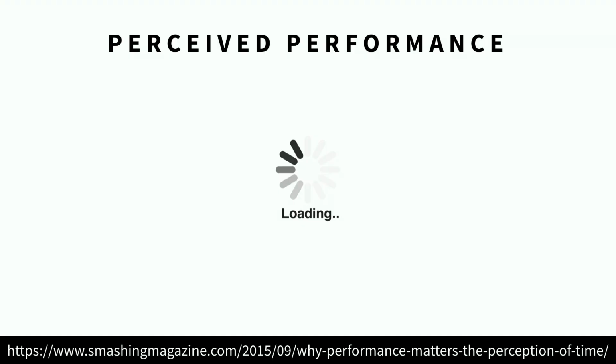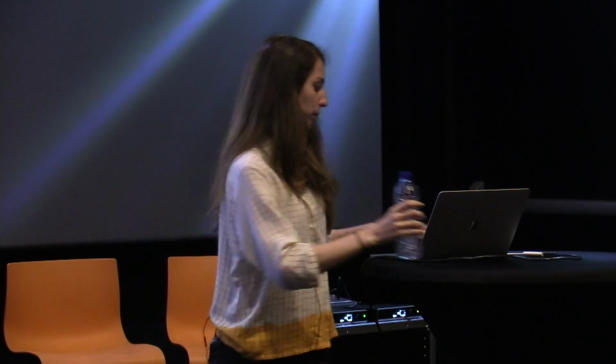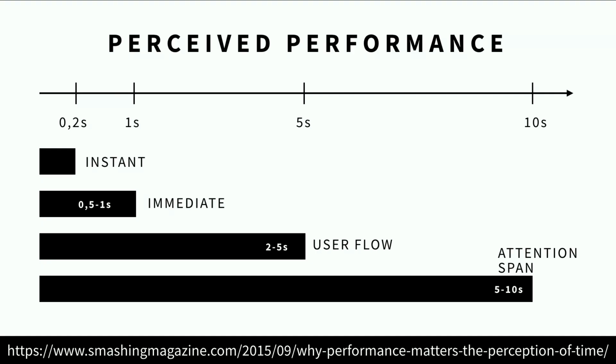Another thing to take into account for performance is the perceived performance, not the performance itself. We could say that inside the perceived performance, something that is less than 1 second is perceived as instant or immediate.